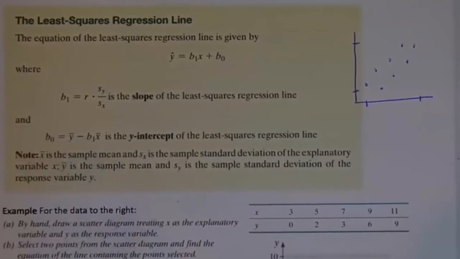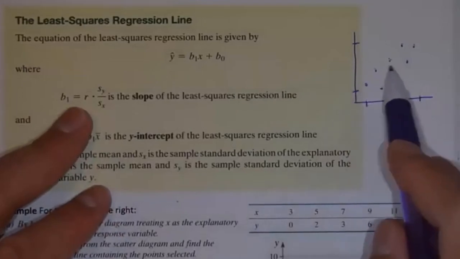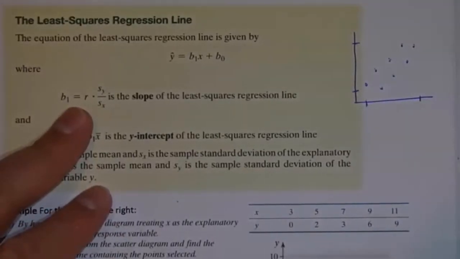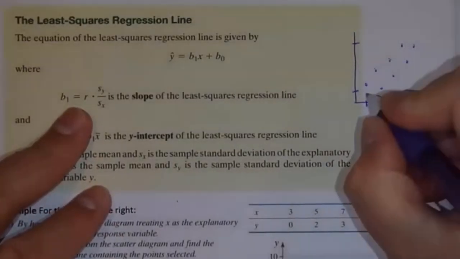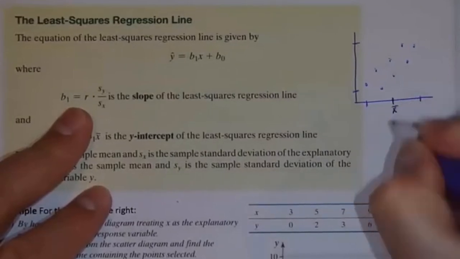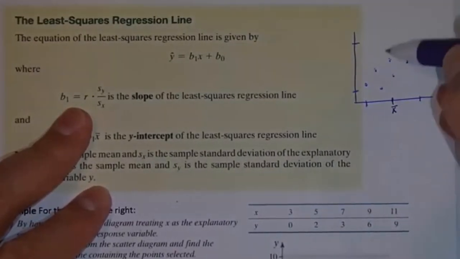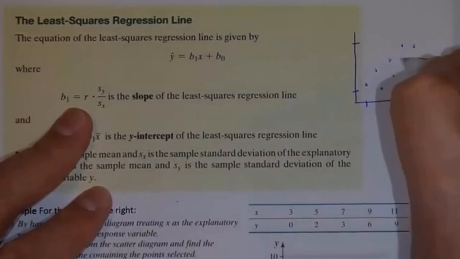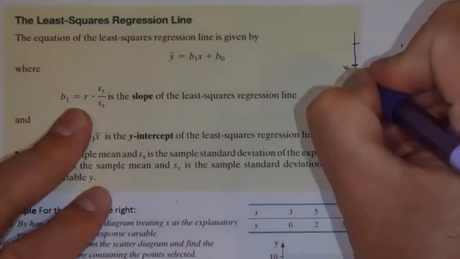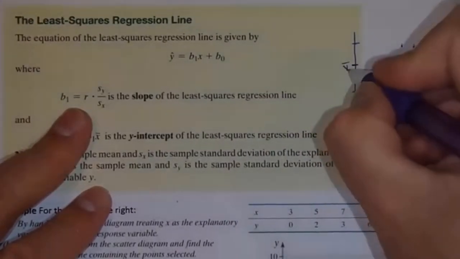Now where that comes from is this. If I were to take all of the x coordinates and find the mean, that x bar would be somewhere here in the middle, like this. If I were to take all the y coordinates and find the mean of those, y bar would be somewhere in the middle, like this.